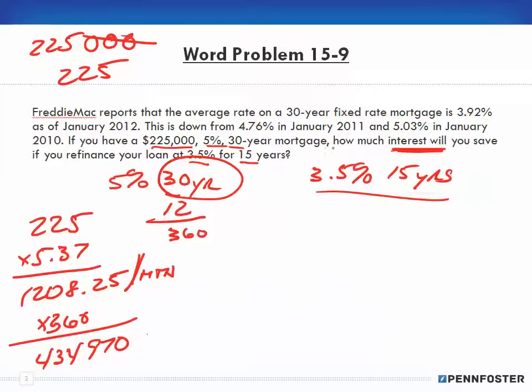Okay, so for the 3.5% at 15 years, we have 225, and when we look up the factor for 3.5% in 15 years, that factor is 7.15, which means our monthly payment is $1,608.75.